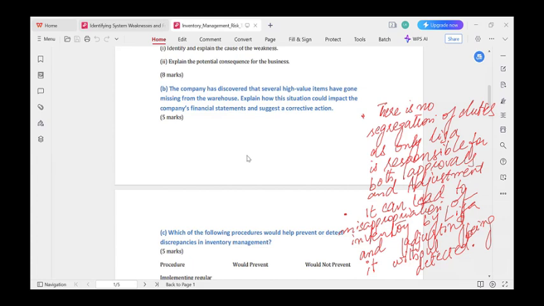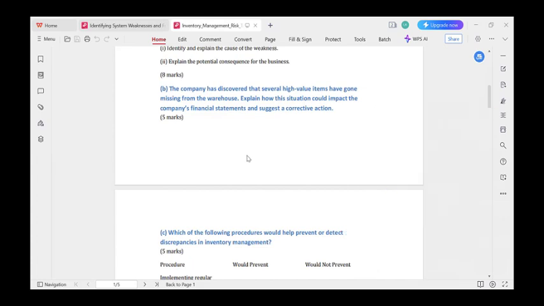They can increase the authorization, they can install security cameras, they can deny access, control the access, and they can conduct regular stock counts and regular stock audits to prevent such situations. Okay. Let me write down this answer as well.